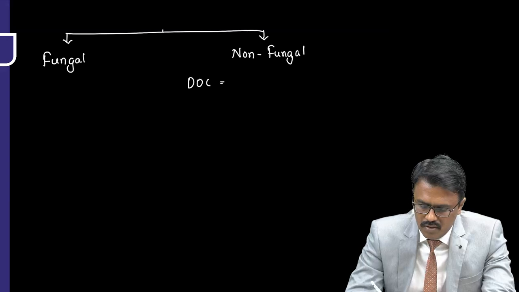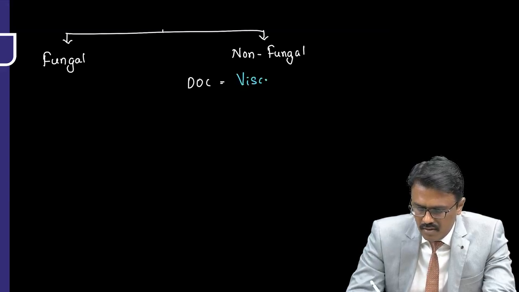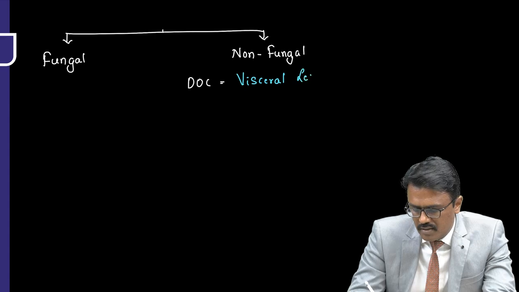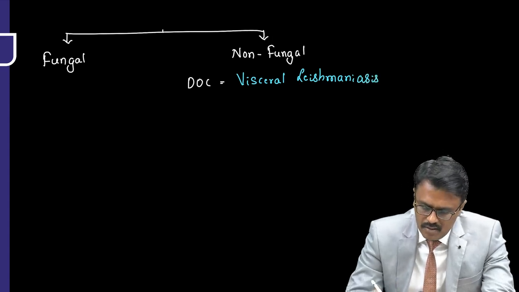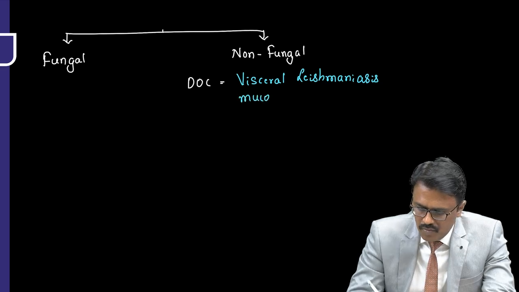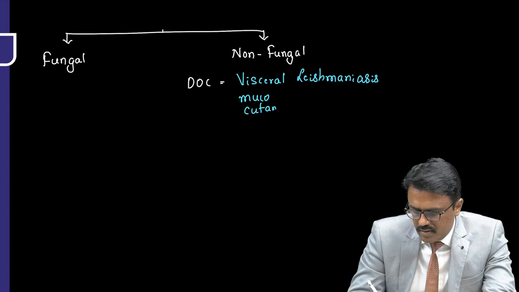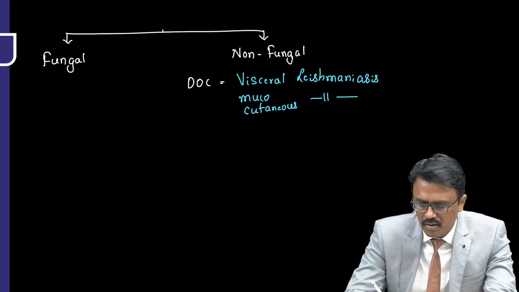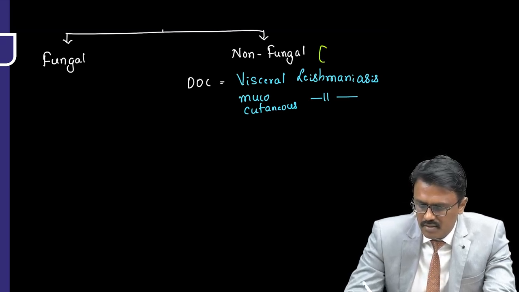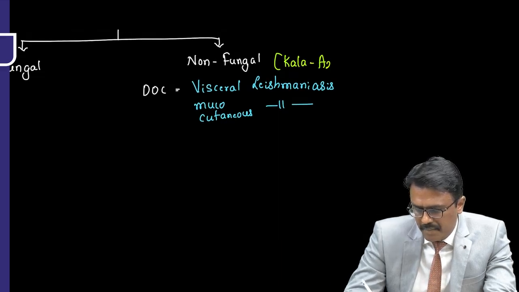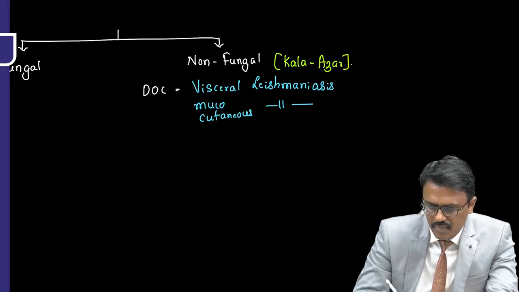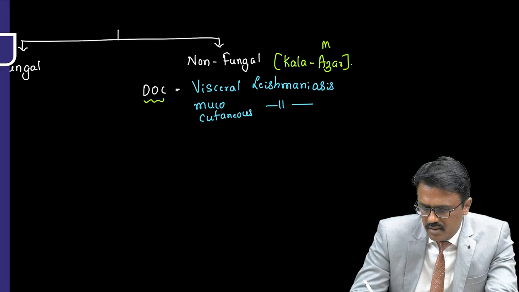It is used for visceral leishmaniasis, where it is the drug of choice. Not only visceral, even for mucocutaneous leishmaniasis, it's the drug of choice. What is the other name for visceral leishmaniasis? It is also called Kala Azar. Very important point. Please mark it.